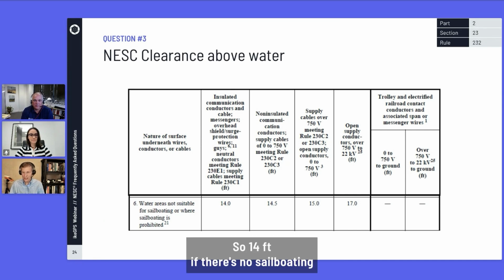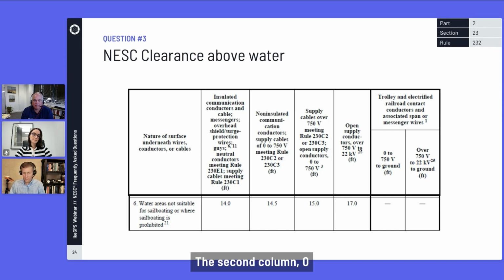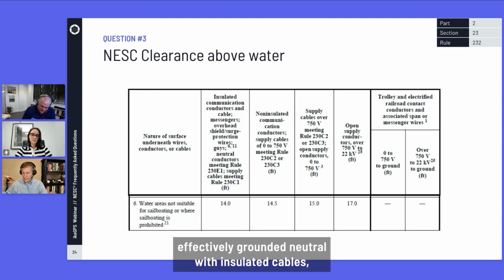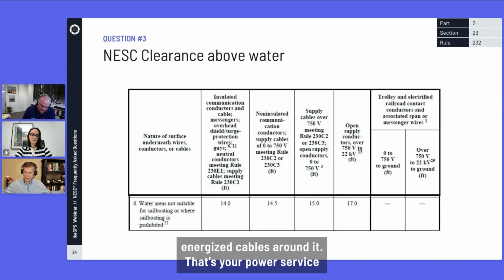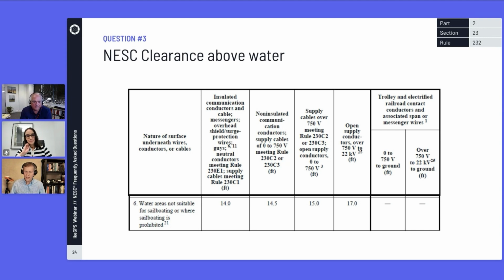So 14 feet if there's no sailboating for your communication, your neutral. The second column, 0 to 750 volts, meeting Rule 230C3. If you go back to 230C3, that's effectively grounded neutral with insulated cables, energized cables around it. So that's your power service drop, your typical triplex, quadruplex, duplex service drop. So your power, 14.5 feet.